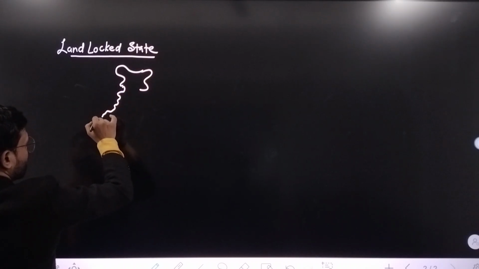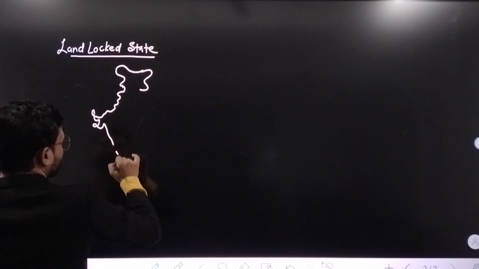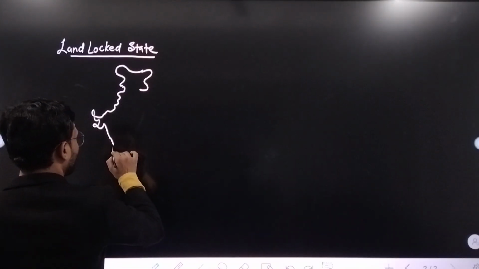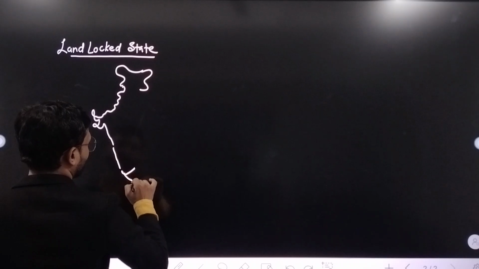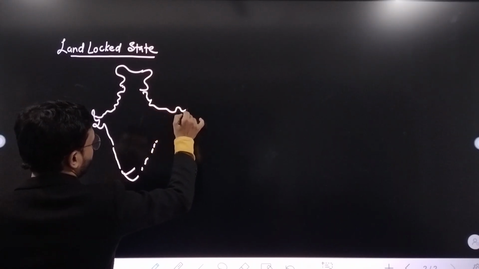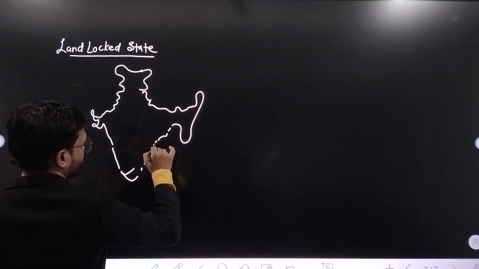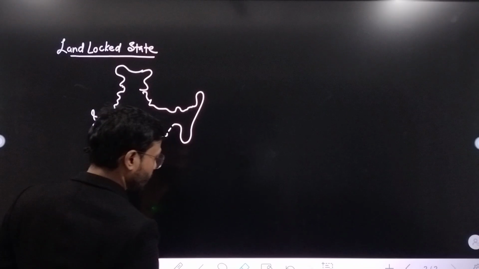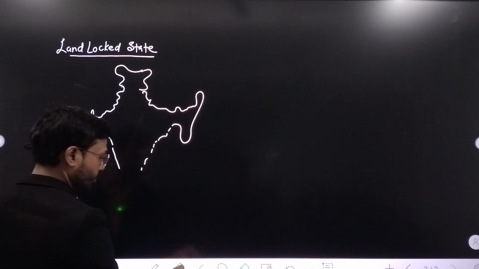Here it is Rajasthan. Somewhere here you will get Gujarat. Then the peninsular part, like this, India, Nepal, Sikkim, the northeast part like this. So it is our India.